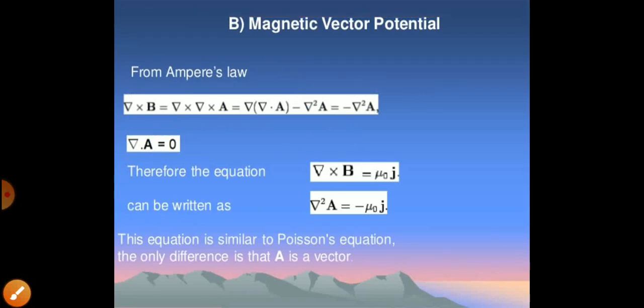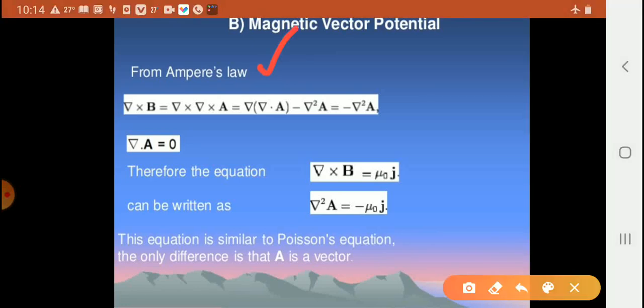For Ampere's circuital law, del cross B equals del cross del cross A, which equals del of del dot A minus del square A. This is Ampere's law, also known as Ampere's work law.